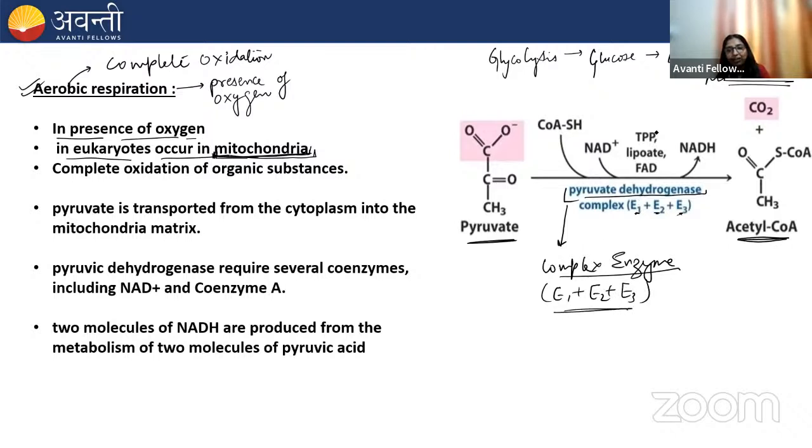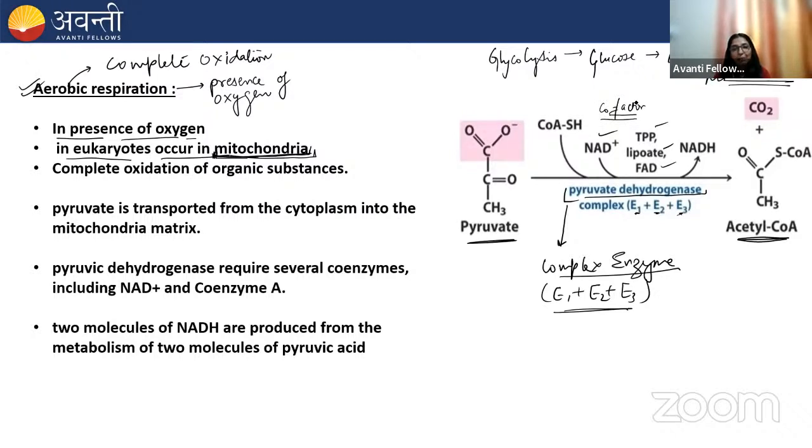So for E1, these NADH, TPP, lipoate, FAD, these all are cofactors, okay? And we know what cofactors are. They are the non-protein part, okay?